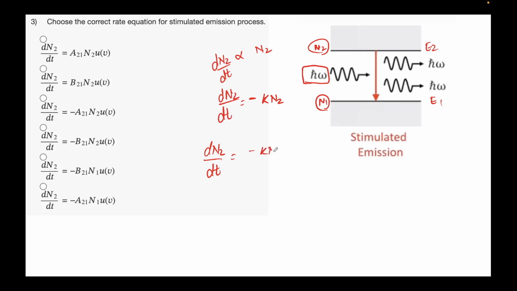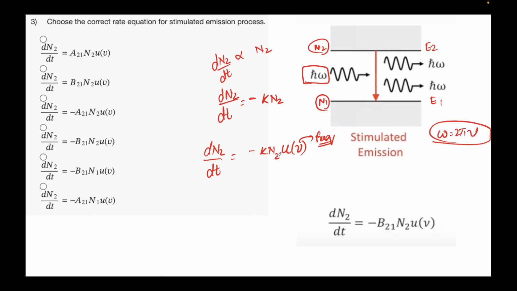So I write K N2, where this variable is u as a function of nu, which is the frequency. Omega, I guess, will be your 2 pi nu, where nu is your frequency. And again, just like the previous case, this K, the proportionality constant, is written as the Einstein coefficient B21.